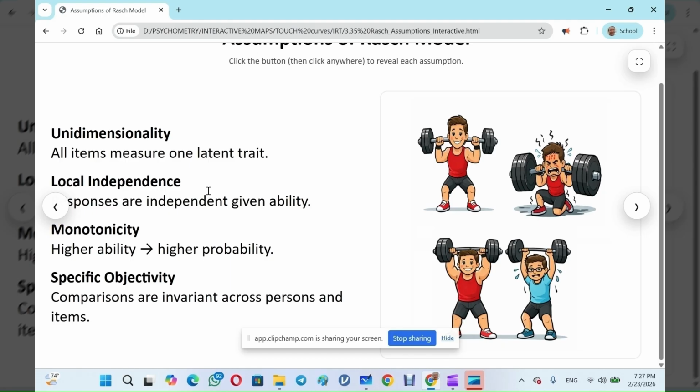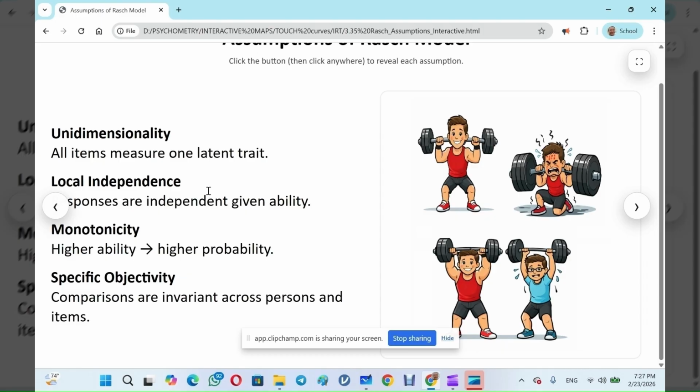And also, on the other hand, the person's ability assignment must not be affected by the difficulty of the items they took in a test. So we have two kinds of invariance.